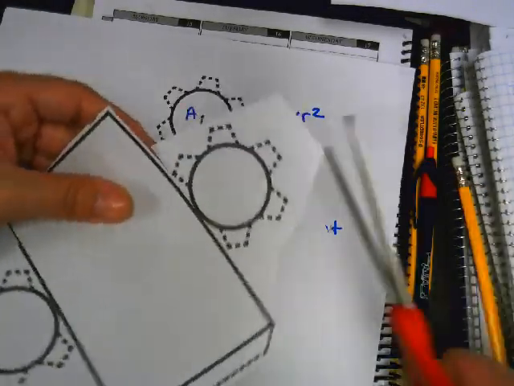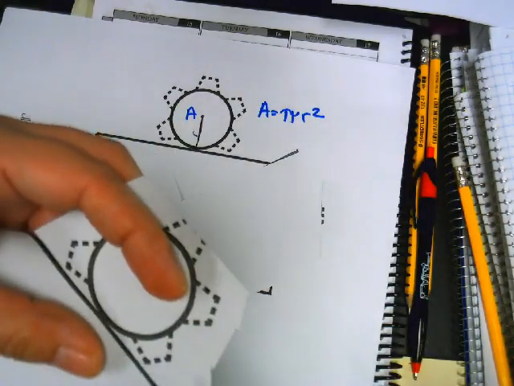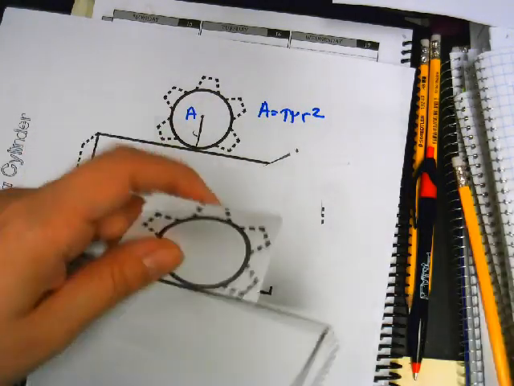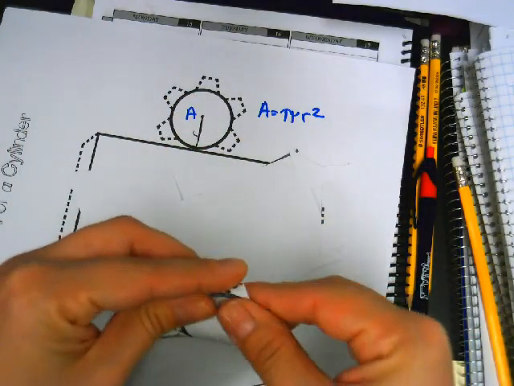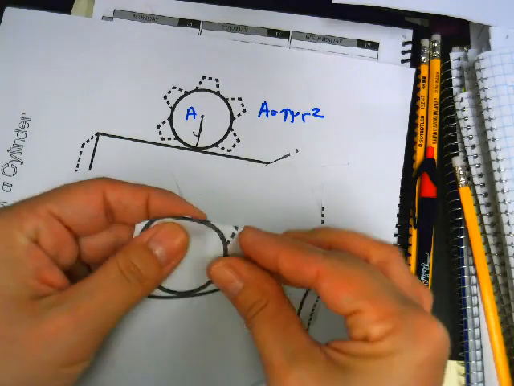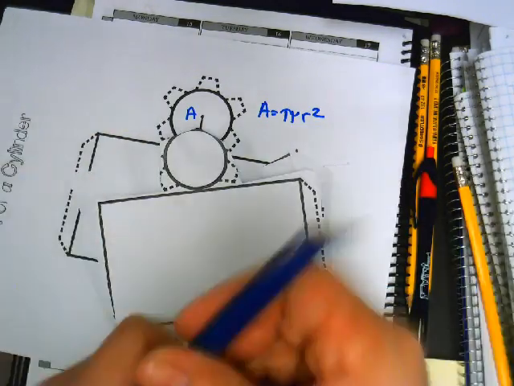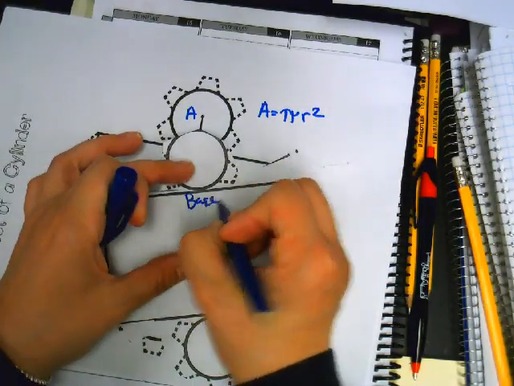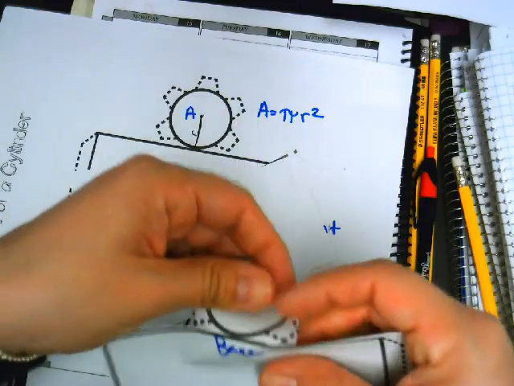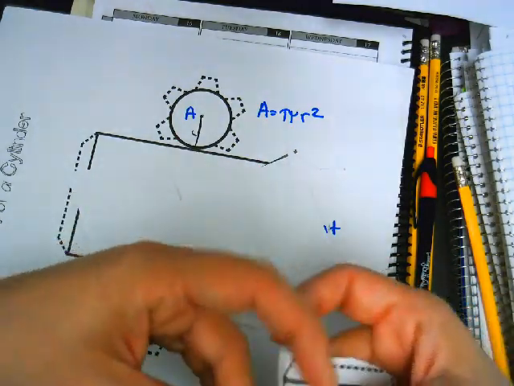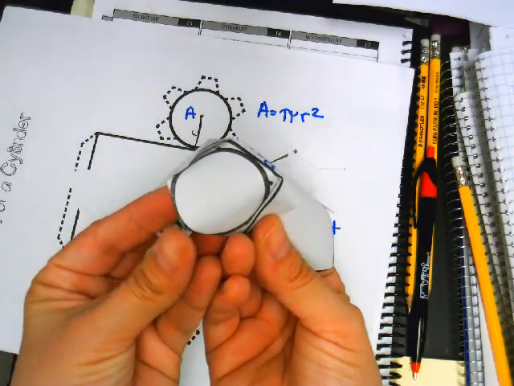And if I were to roll this up, here's my circle, right? When I roll up this, which is what we call the base, onto the circle, it goes all the way around the circle. Do you guys see that?